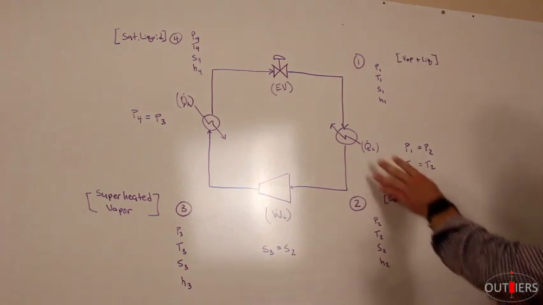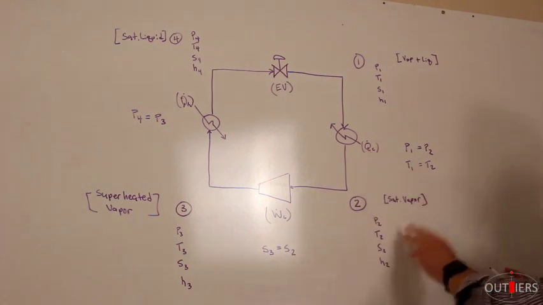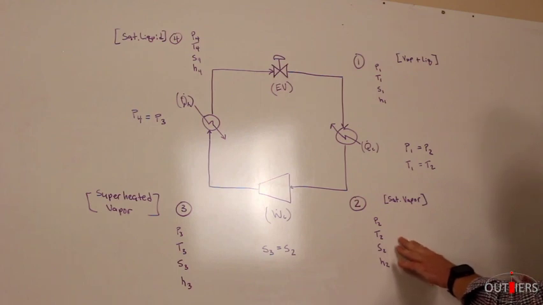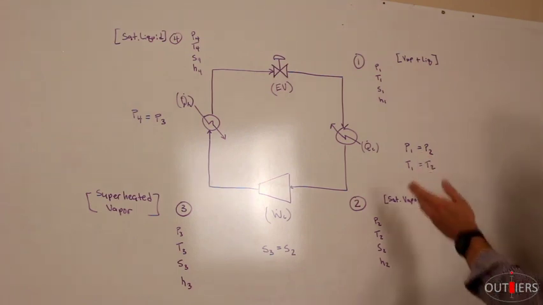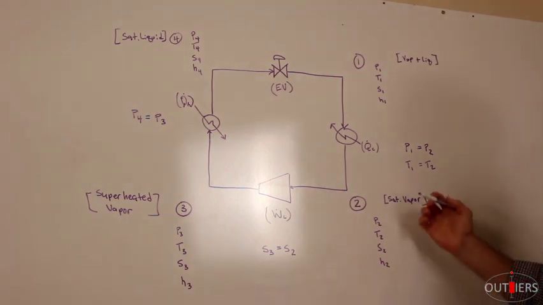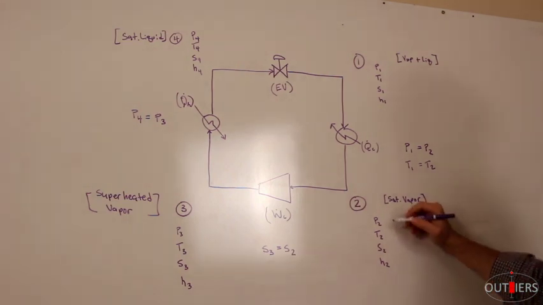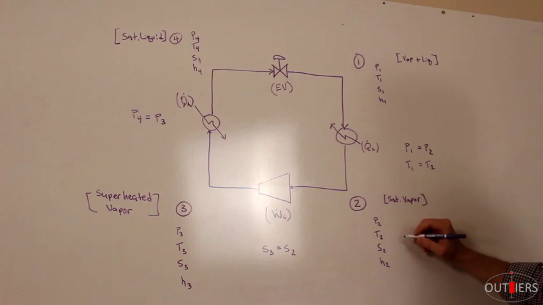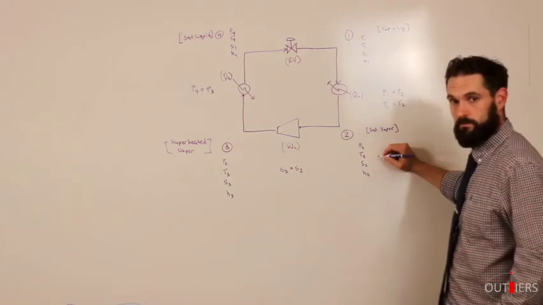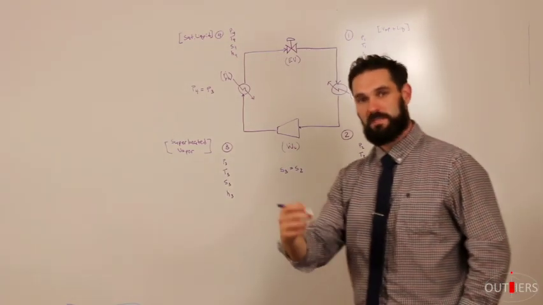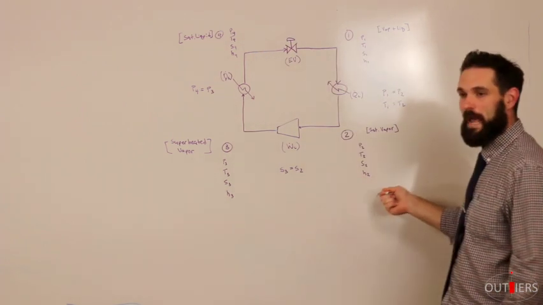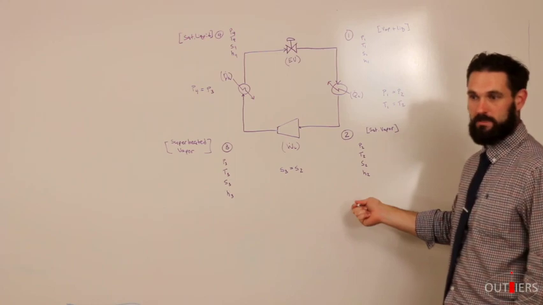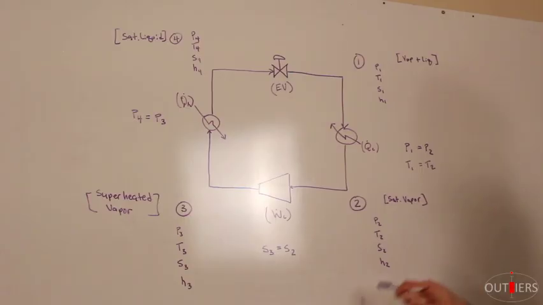If I constrain the temperature on the cold side to 40 degrees Fahrenheit, how do I find the pressure? Because it's at saturation. Remember I told you in the last video that if you know one of these states, you know the rest of them. So I'm trying to lead you to the other piece of information that I haven't told you, and that is, what type of refrigerant is in the cycle? We need to know that as well.